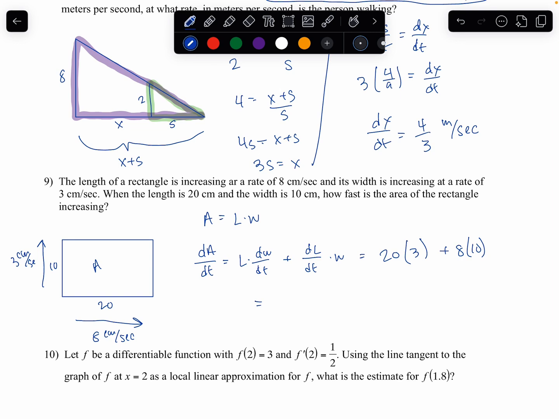So that's equal to 60 plus 80, which is 140. And since we're talking about area, the units are centimeters squared per second. So that's the rate of change of the area.